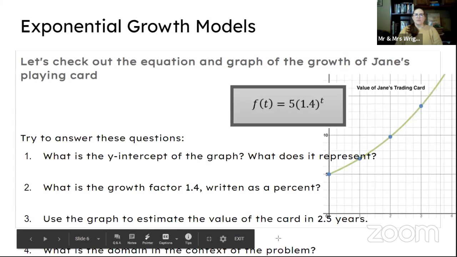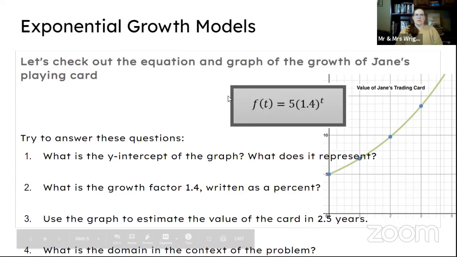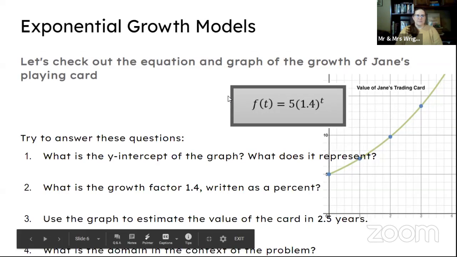So we've got some questions we want to answer here. So the first question I want us to look at is, what is the y-intercept of the graph, and what does it represent? So here's the y-intercept. You see it's on the y line. So how do we know what that is? How are we going to figure that out? Well, what we need to do is get an ordered pair.